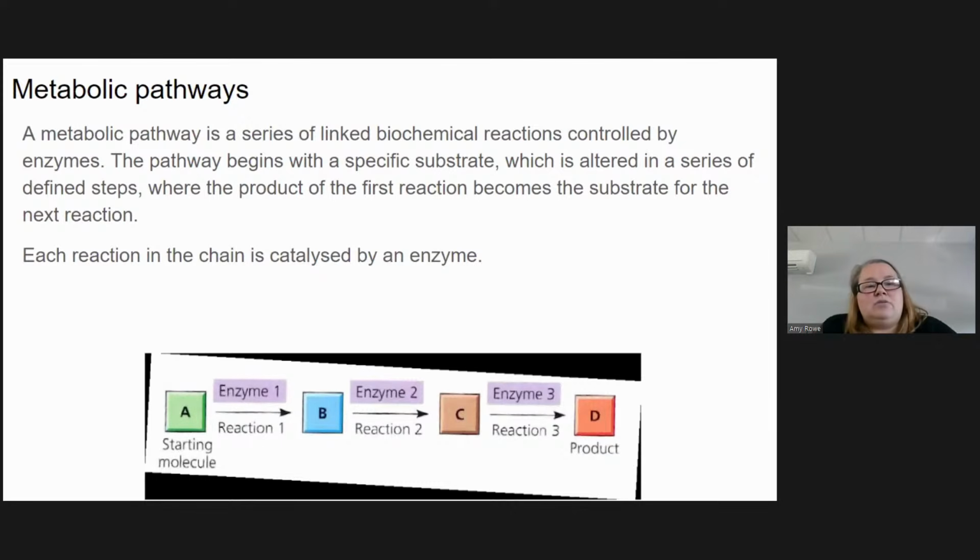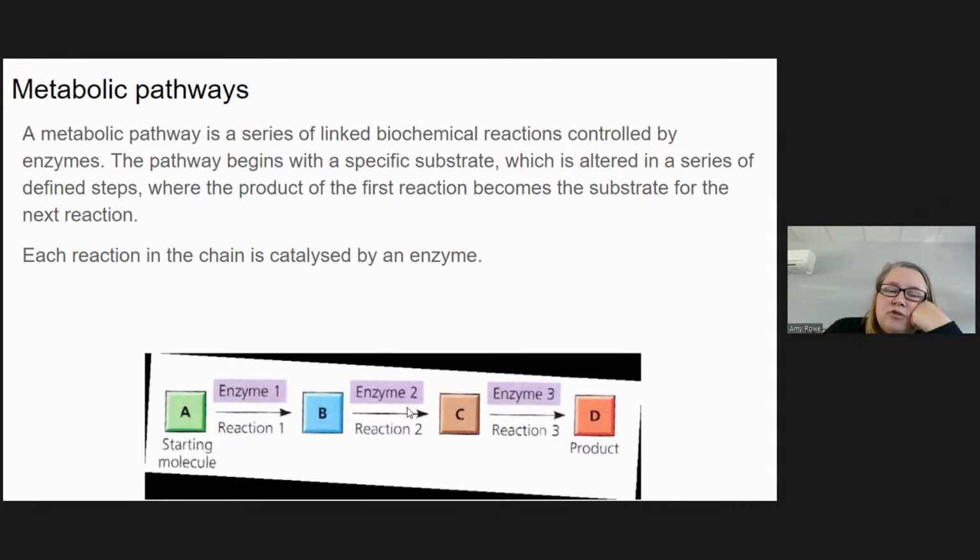Okay, so almost our last topic is looking at metabolic pathways. So metabolic pathways are the result of our proteins and enzymes working together. They are a series of linked biochemical reactions which are controlled by enzymes. The pathway begins with a specific substrate, which is then passed through a series of steps.